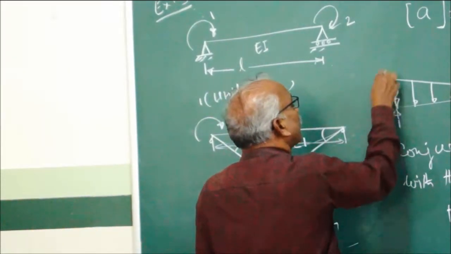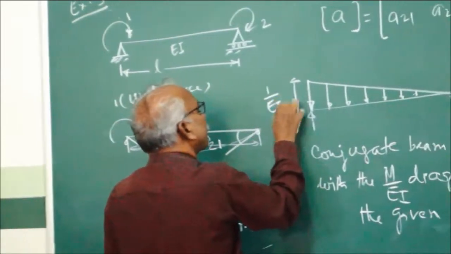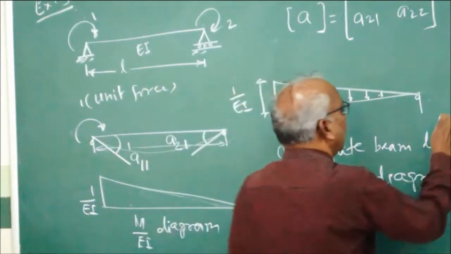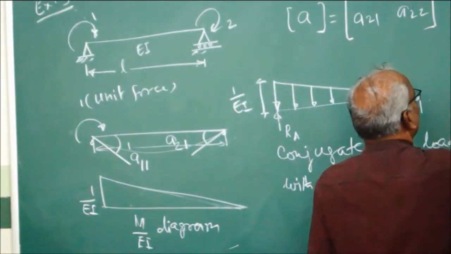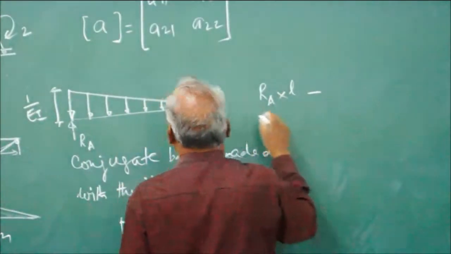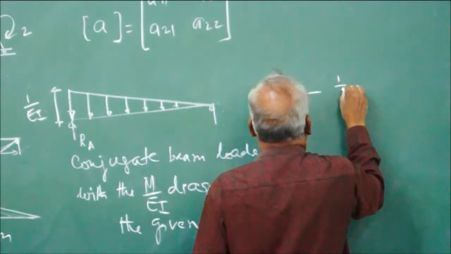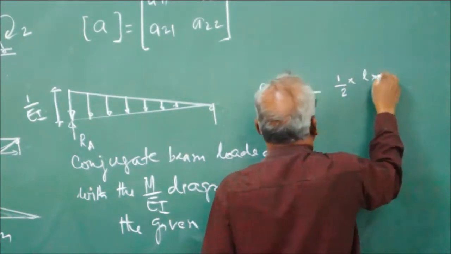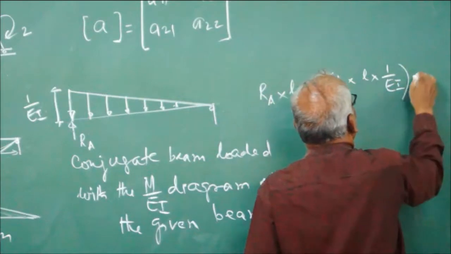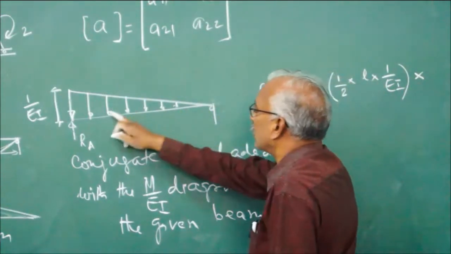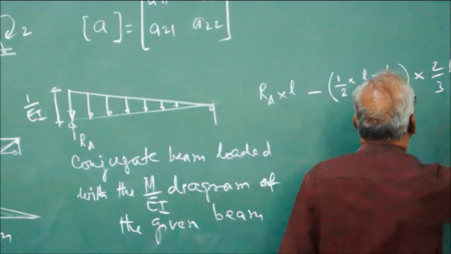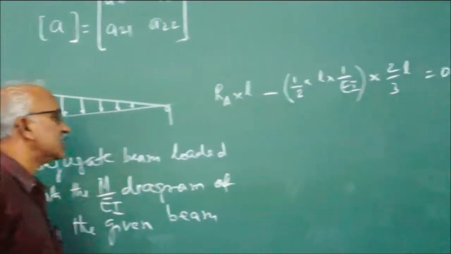This is 1 by EI. Now what about RA? Take moment about the right support. RA into L minus half into L into 1 by EI, the area of loading, into the distance from here to L, minus this is equal to 0.